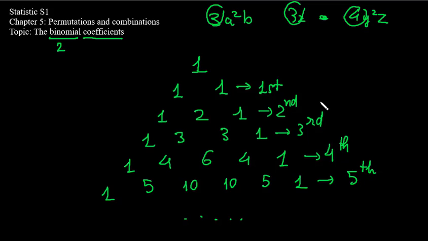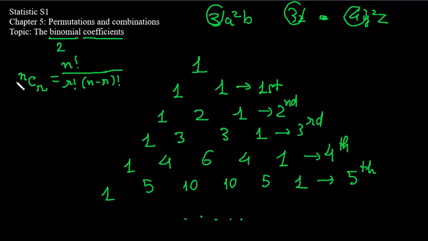We have an equation that we know from the previous topic: nCr, which means n factorial over r factorial times n minus r factorial. This Pascal triangle indicates these numbers.